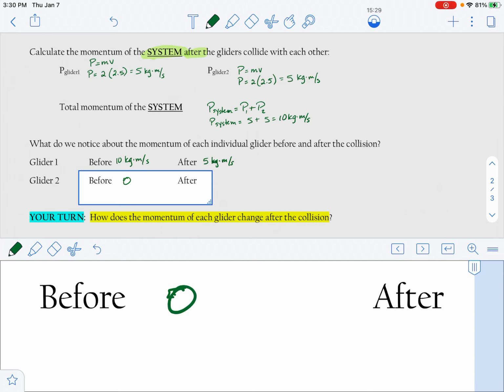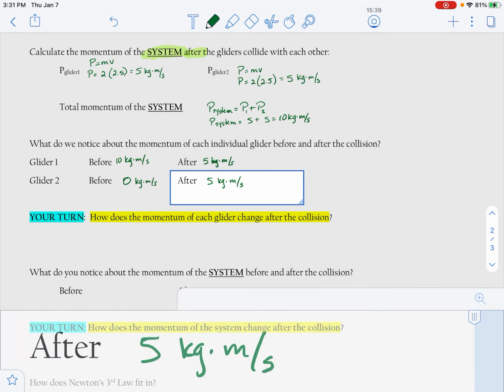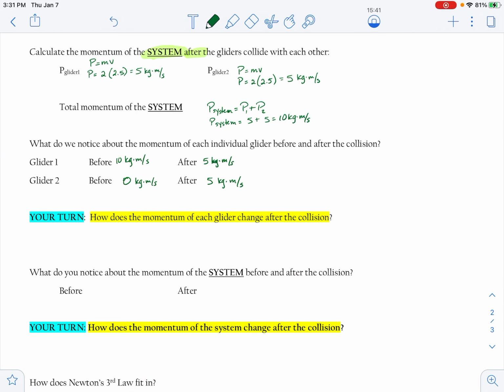Glider 2, before the collision was 0 kilogram meters per second, and after the collision was 5 kilogram meters per second. Okay, so it's your turn again. How does the momentum of each glider change after the collision? So pause, write down your observation.